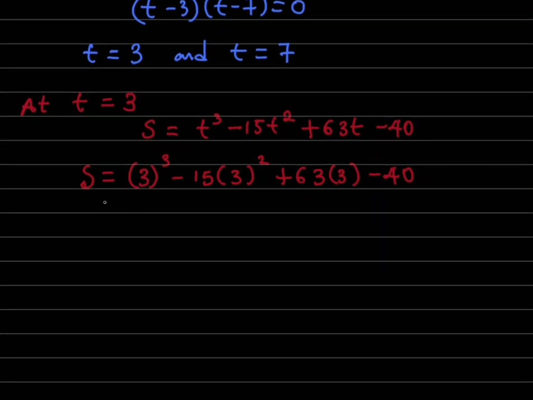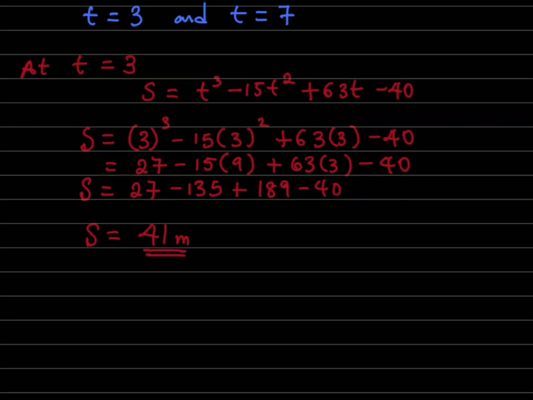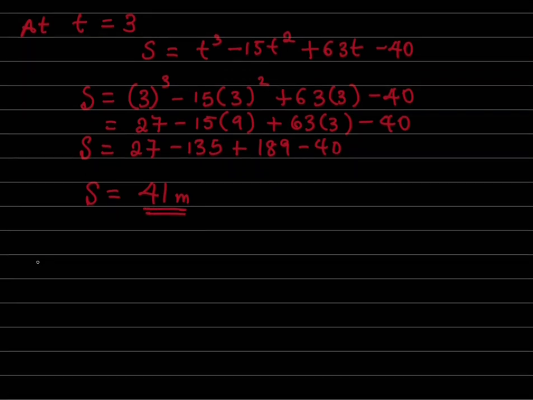Now, using our calculators, this is what we are going to have. Here is going to be 27, then we have minus 15 into 9, then plus 63 into 3, minus 40. Since we have this, then our s is going to be equal to 41. Then we have 41 meters. So we are okay with that. Then let's go to the next one.